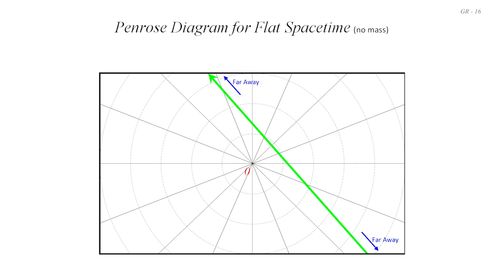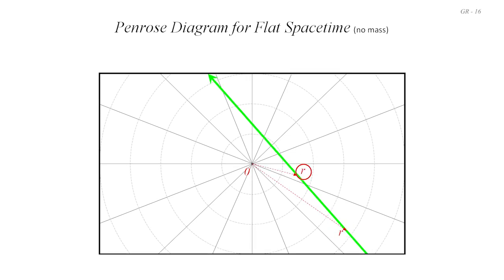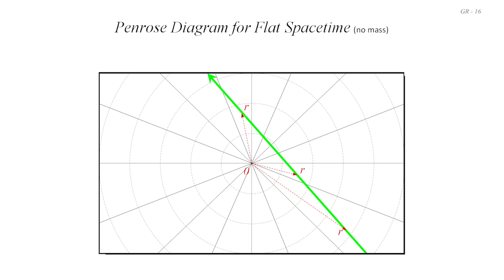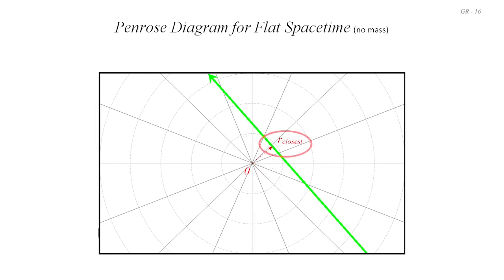On the other hand, when it is near the origin and going past, the beam of light would be on differing directional radii, but at any instant it would always have a definite but varying value of the radius r, here, here, here, and so on. And this would be its distance of closest approach to the origin.